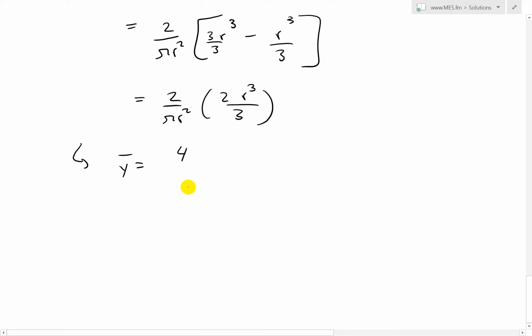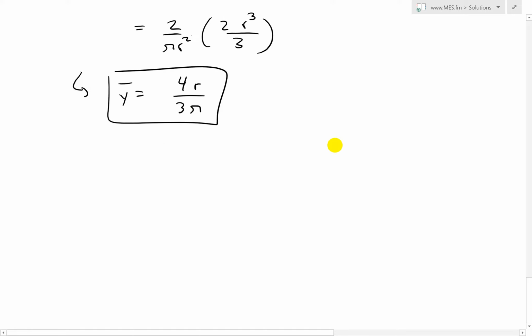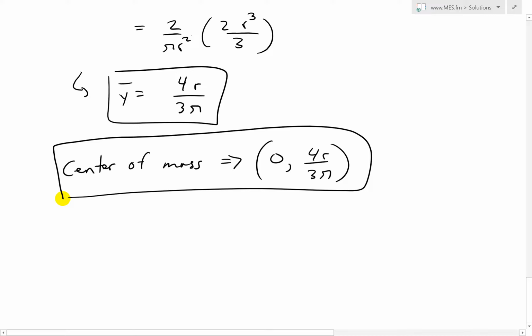Or let's write this a bit better: 4 over 3 pi times r. I'll write this all in one line: 4r over 3 pi is our center of mass. So our center of mass is at the point 0 and 4r over 3 pi, and that is our answer.